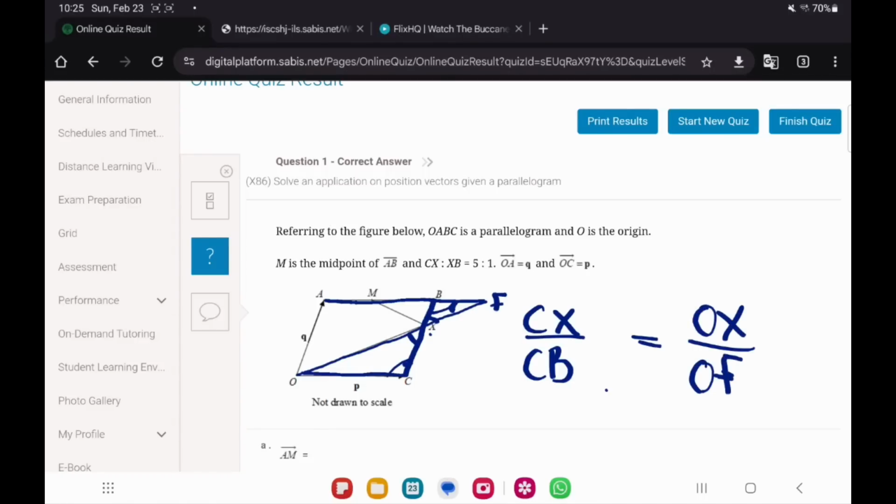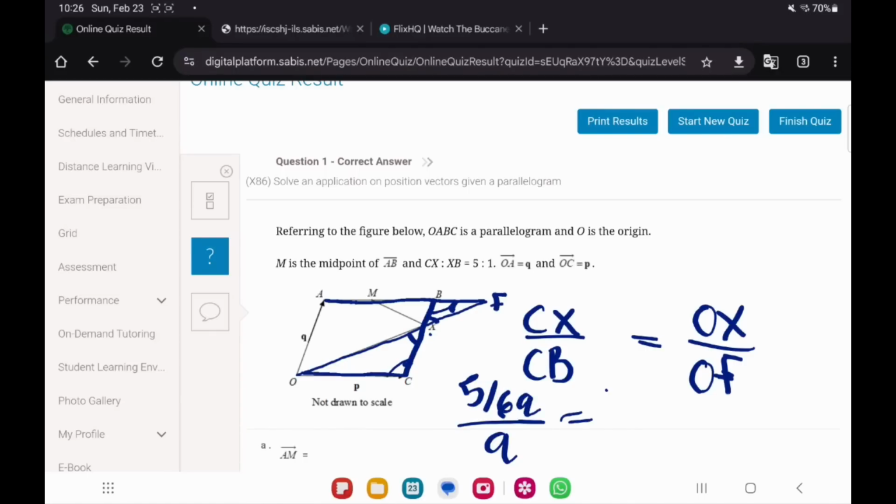CX is equal to Q because OA is opposite of it. Sorry, CB is equal to Q, and then CX is equal to 5 over 6 Q, okay?